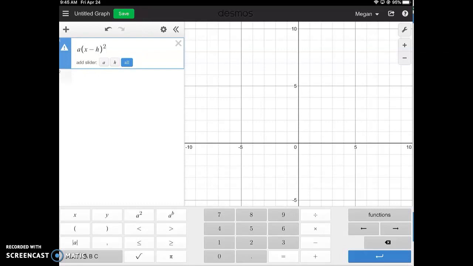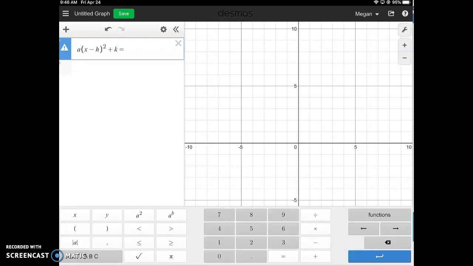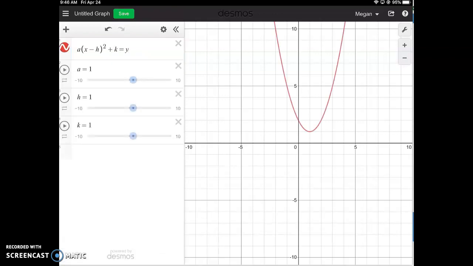A, parentheses, x minus h squared, plus k, there's k, equals y. So that's your function. You'll notice underneath the function it says add slider a, h, k. We're going to go ahead and add all three of them. What you're going to submit to me is a picture of this, so go ahead and take a screenshot.